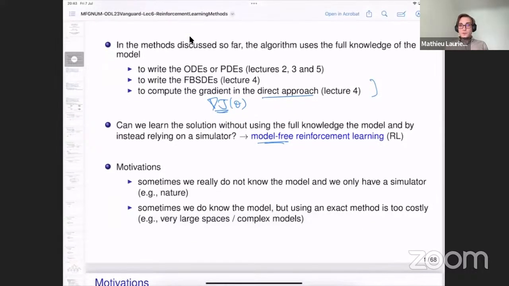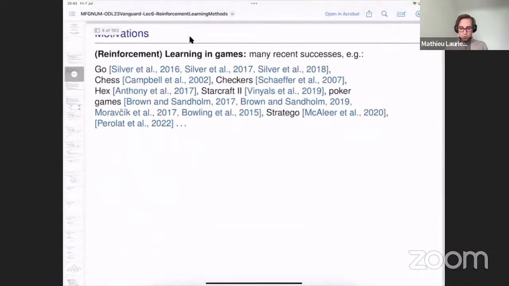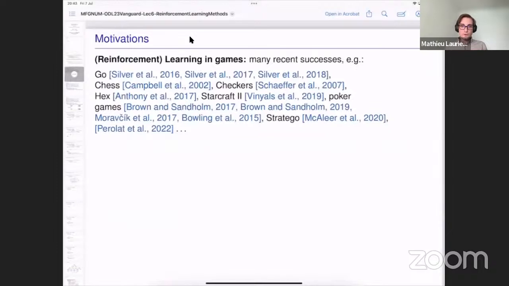Sometimes we know the model, but it can still be interesting to use reinforcement learning. In the past few years, you have probably heard about some successes of reinforcement learning, even deep reinforcement learning, combining RL with deep neural networks. In particular, the game of Go received a lot of attention.